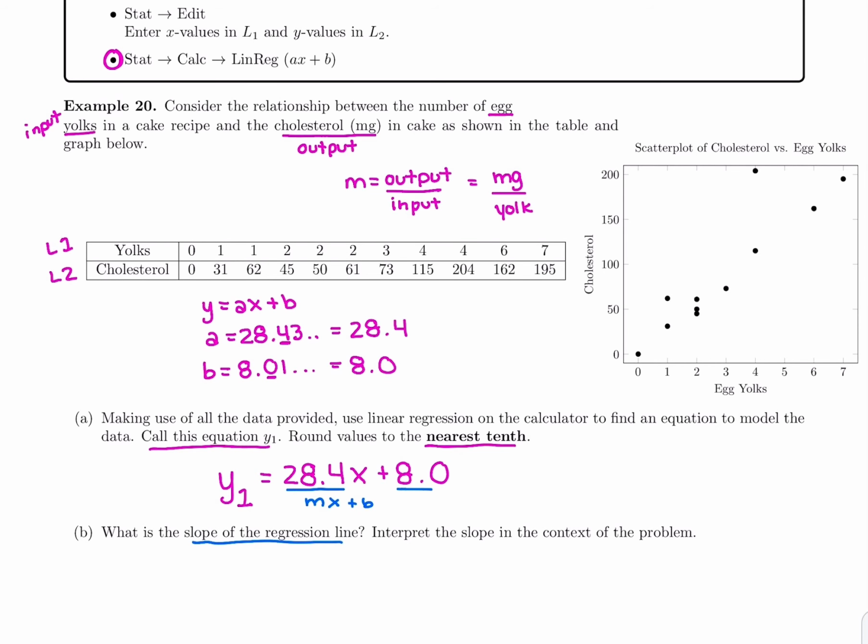So what is the slope of the regression line? The slope is 28.4. And we want to interpret this in context of the problem. Well, remember our slope is our output over our input.